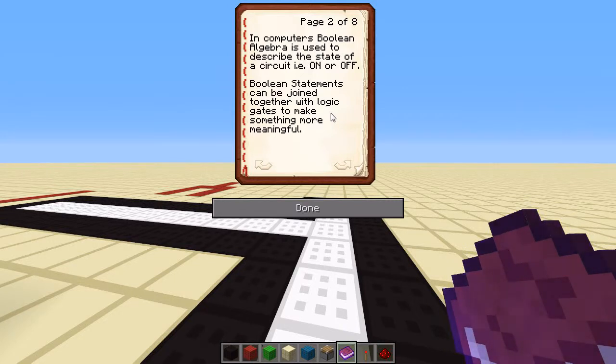In computers, Boolean algebra is used to describe the state of a circuit. So on or off again, like with the redstone. Redstone's basically electronic circuits in Minecraft. And these Boolean statements can be joined together with the wonderful thing we know and love as logic gates to make something actually work and do something. So logic gates allow us to do stuff.